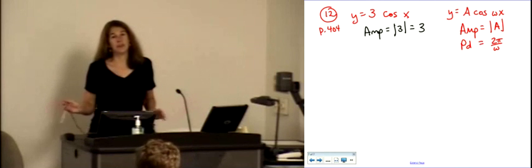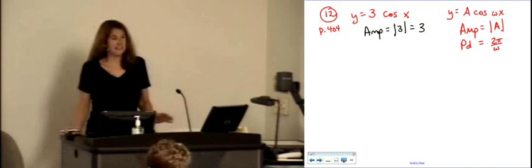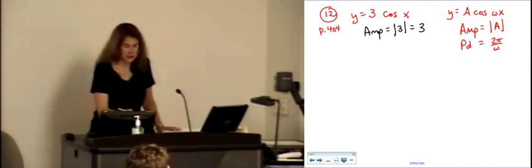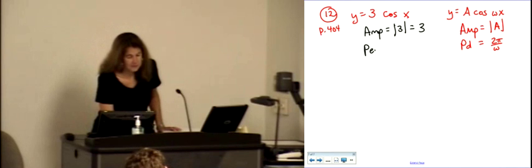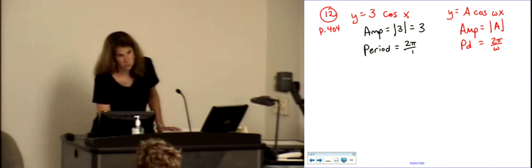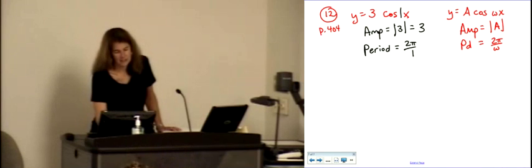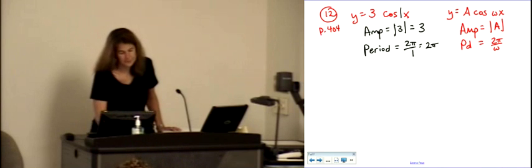Everybody's going to get the amplitude right on every one of these. Period, that one's a little tougher normally, but the period here is 2 pi over 1. Omega is 1 again, it's right there in front of the x. So the period here is still 2 pi.